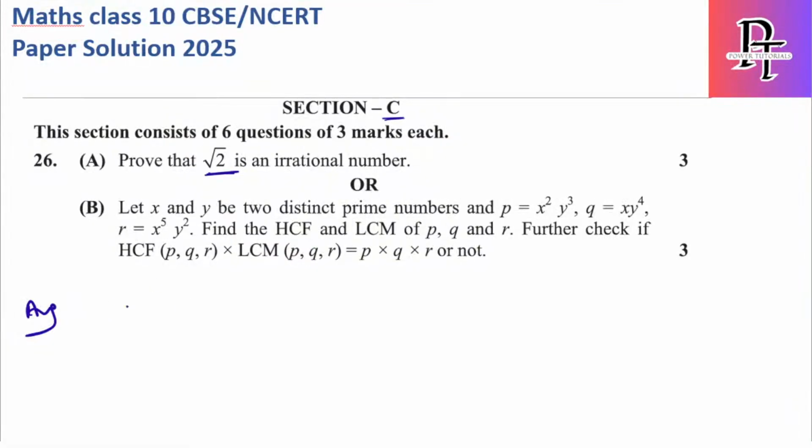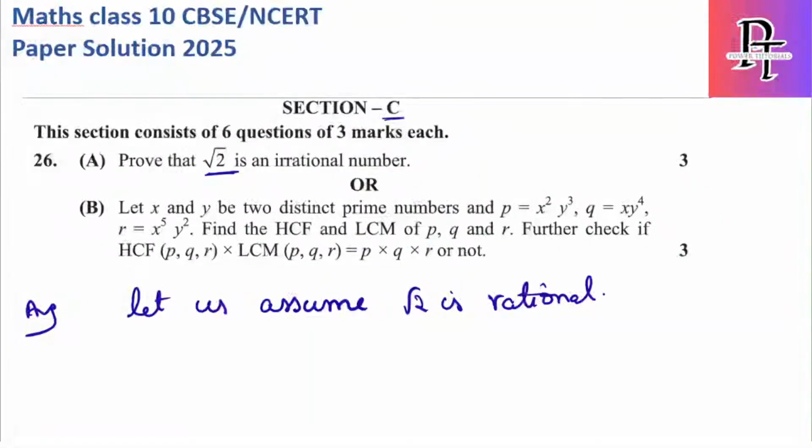So always the first step is, let us assume root 2 is rational. What we are going to prove is, to prove that our assumption is wrong, we call it a contradiction kind of statement. So first we'll prove that it is not rational, and then definitely it is irrational.